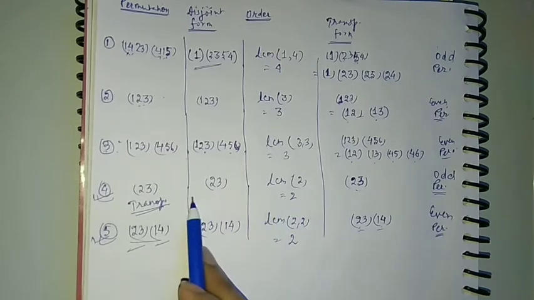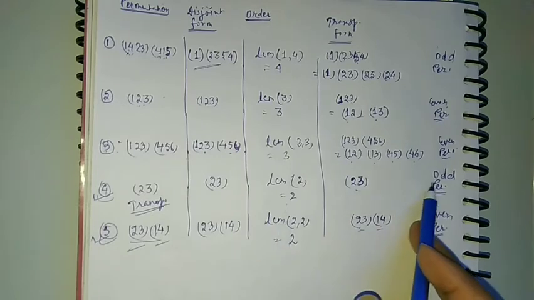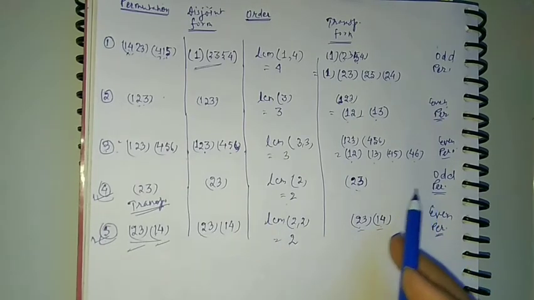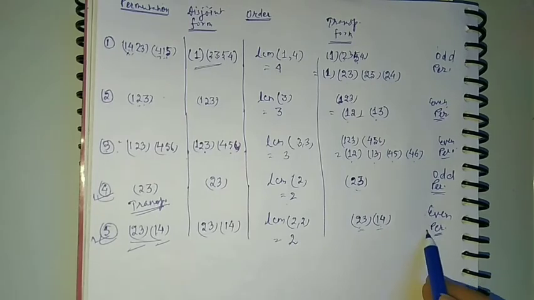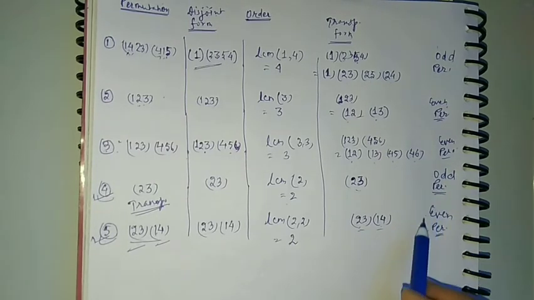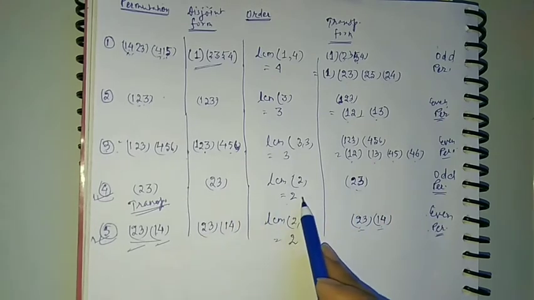Here the order is 2 and the permutation is an odd permutation. But for this example, the order is 2, which is an even number, but the permutation is an even permutation. For both permutations the order is an even number, which is 2.